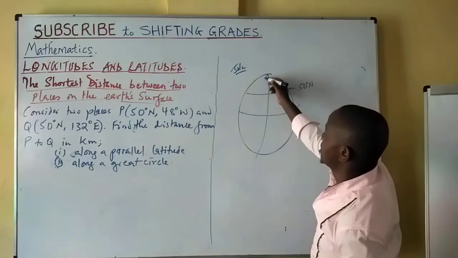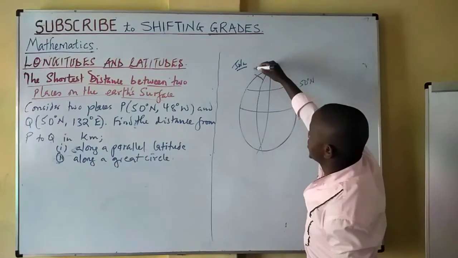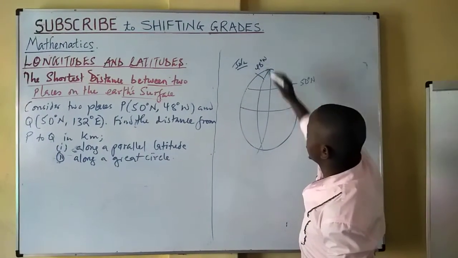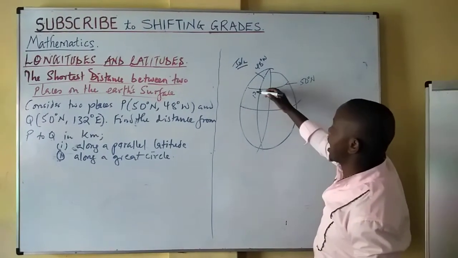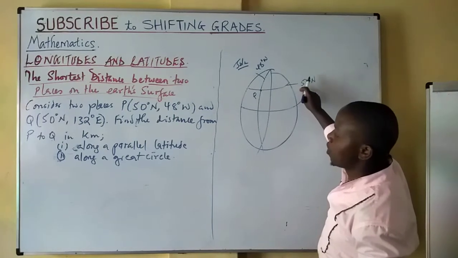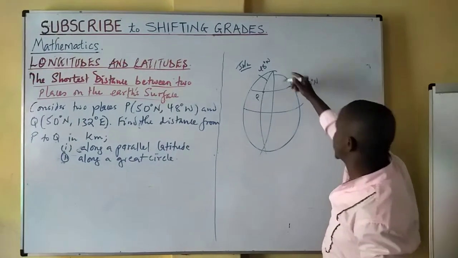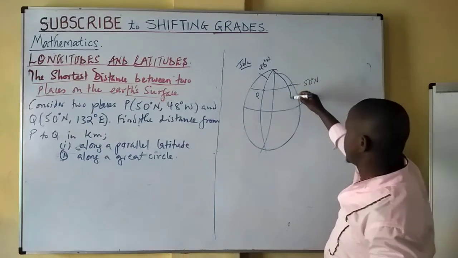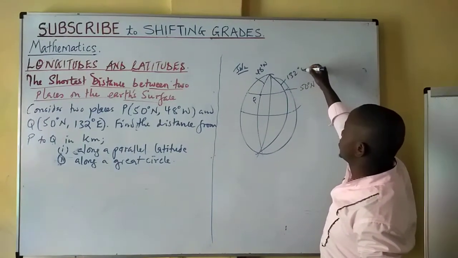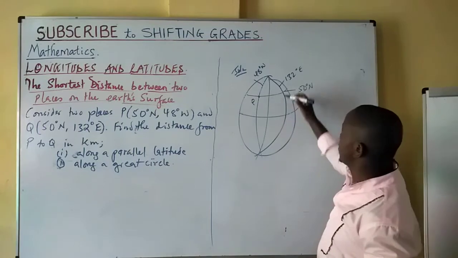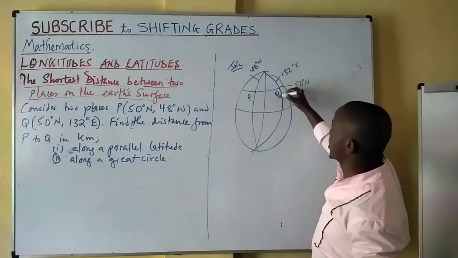So west is on this side. This is 48 west. Where they intersect, we have our P. Then Q is again 50 north and 132 east. Therefore, this is where we have our Q.